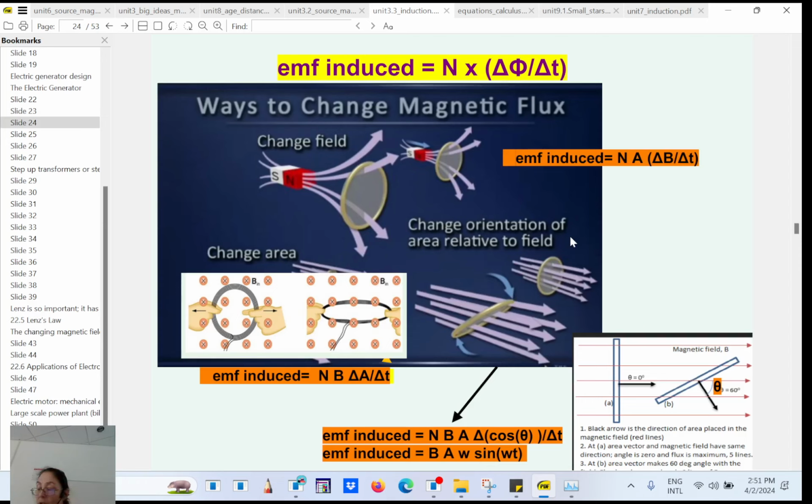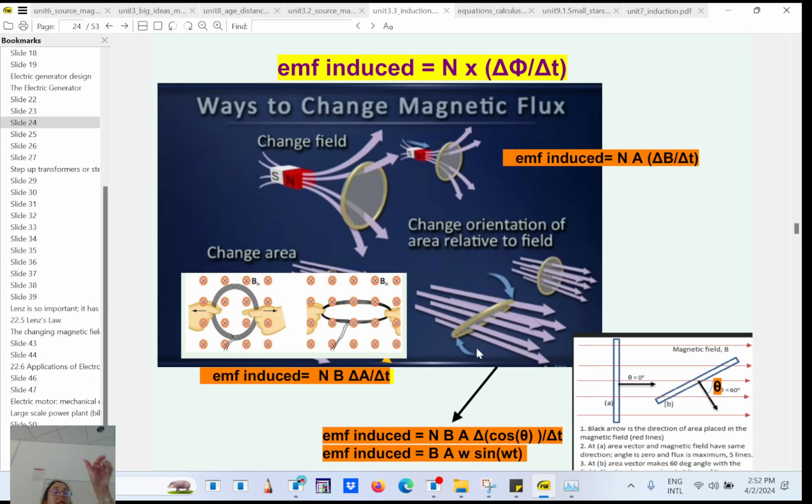Okay, so this is just to summarize everything. How can we induce an EMF? You can change the magnetic field, which changes the number of lines poking through the area. Or you can change the area, that will work too, because there will be more field lines poking through, or fewer.